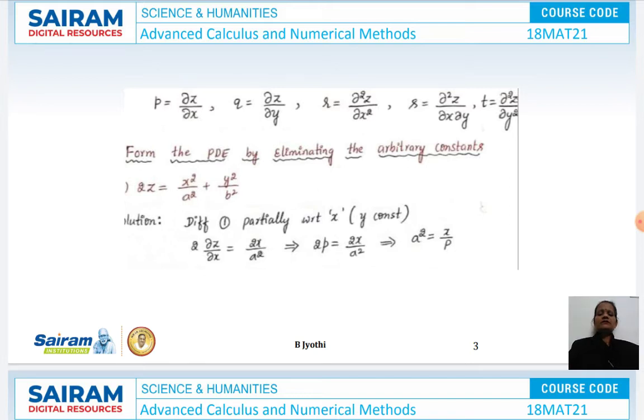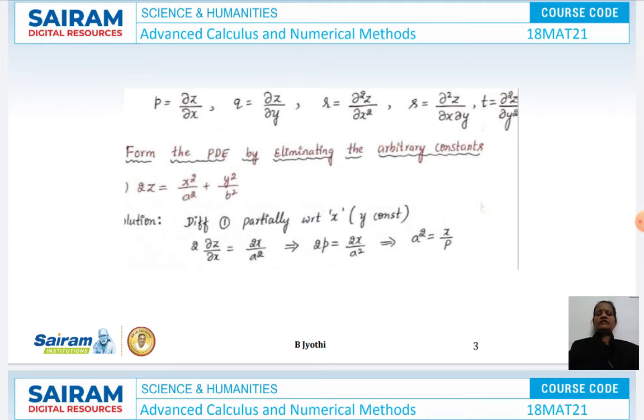So first of all, we will consider the first type, that is formation of the partial differential equation by eliminating the arbitrary constants. First problem, form the partial differential equation by eliminating the arbitrary constants. Here the arbitrary constants are a and b. We consider 2z is equal to x square by a square plus y square by b square, and we need to differentiate till we eliminate the constants.